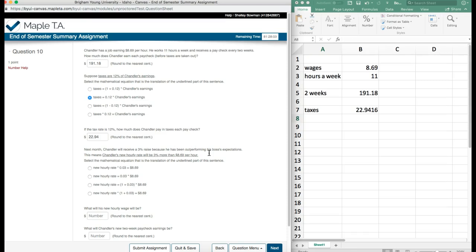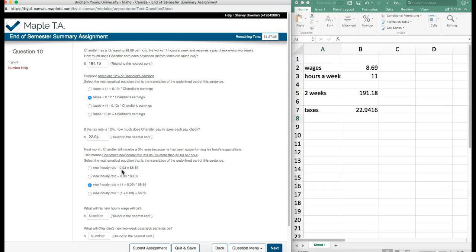So let's go find it. New hourly rate equals, that's what we said. "Will" is an equal translation, 1 plus 0.03 times 8.69. So this is our equation, the mathematical equation to find his new hourly rate. Now there are some options in here that might get confusing.